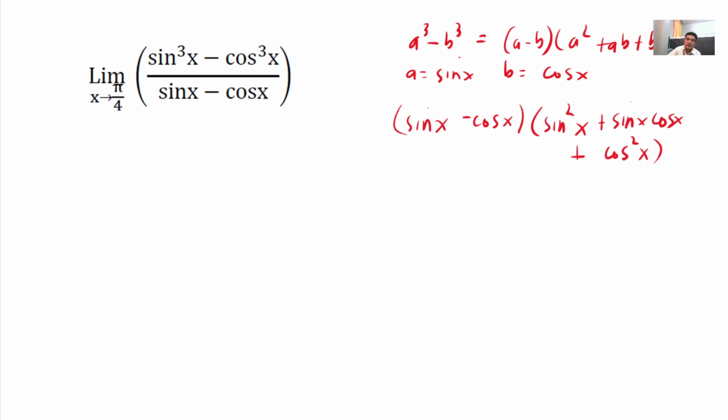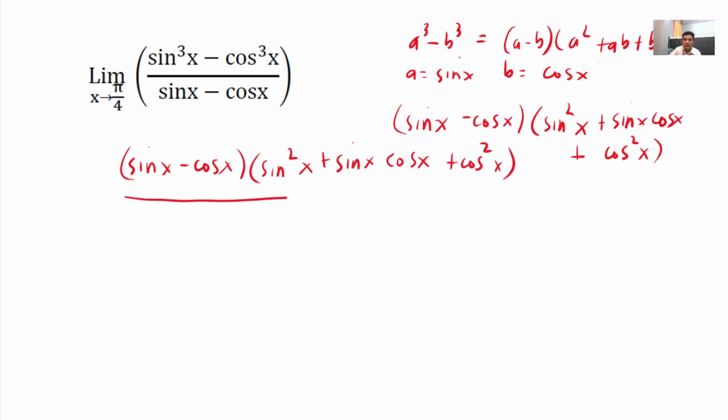So substitute ko siya, ipalit ko na siya dyan class. So sine x minus cosine x times sine squared x plus sine x cosine x plus cosine squared x all over sine x minus cosine x.